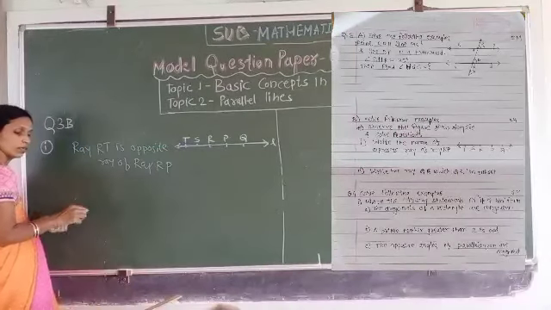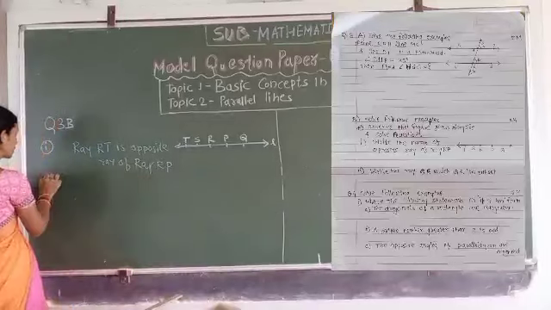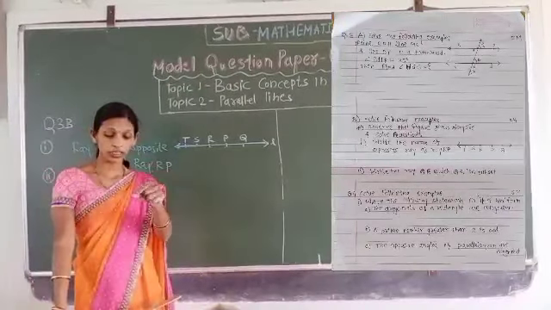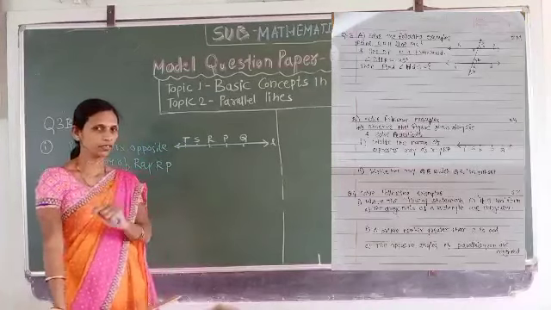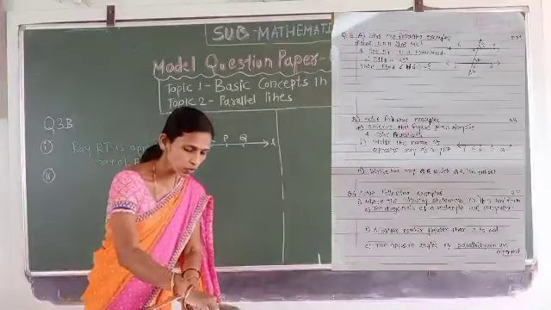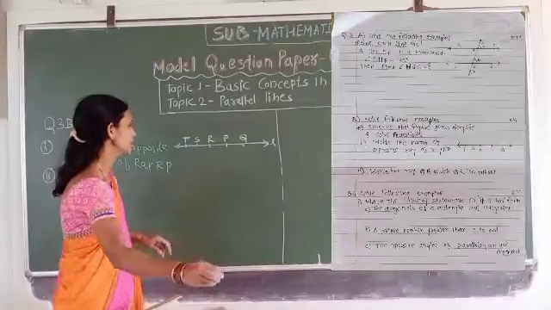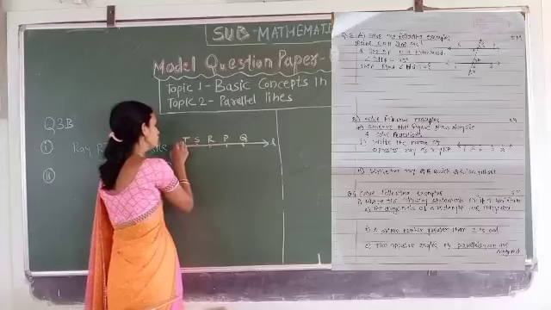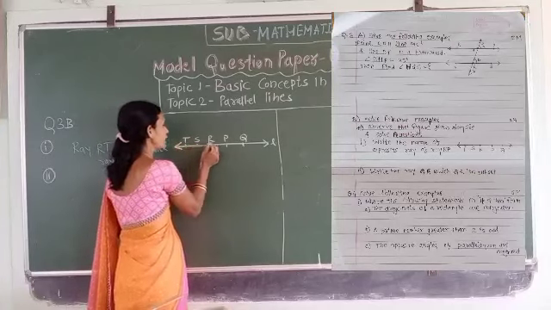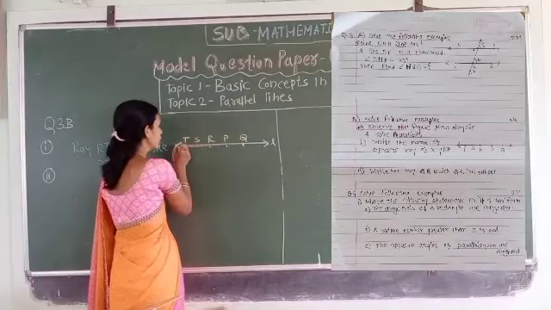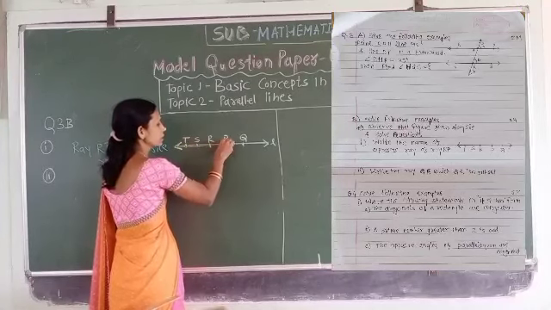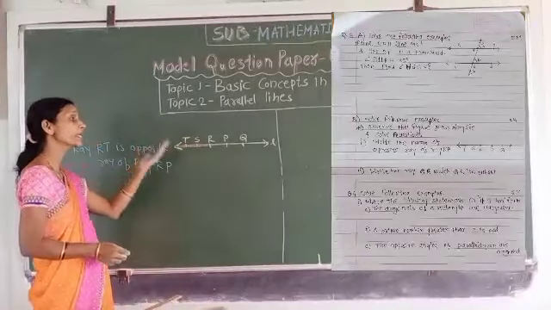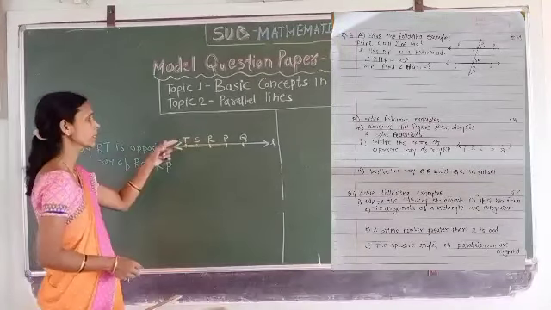Then question number 2 which is given here is to write the ray of which QR is a subset. First of all we have to focus on ray QR. See here, ray QR which is shown by that yellow color, and we have to write the subsets of ray QR.